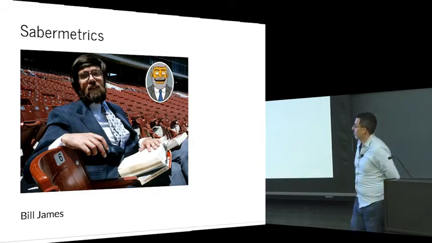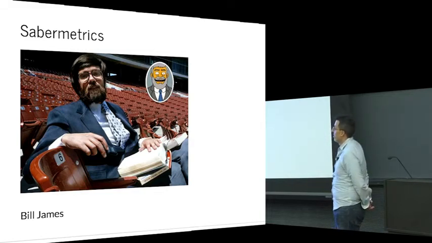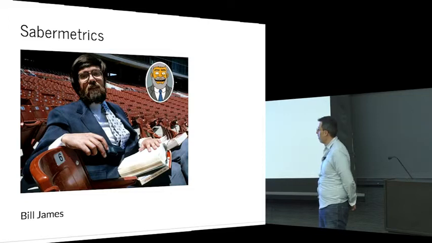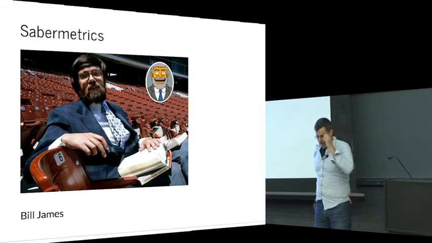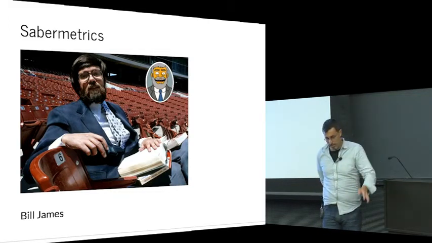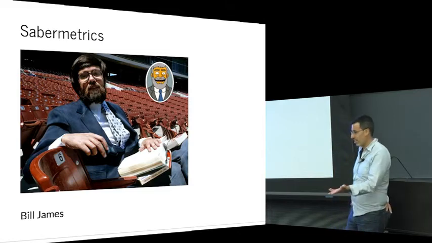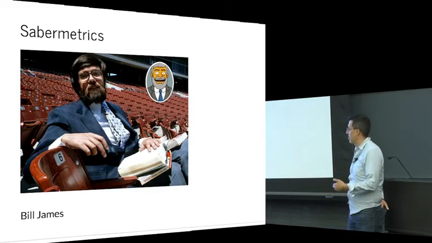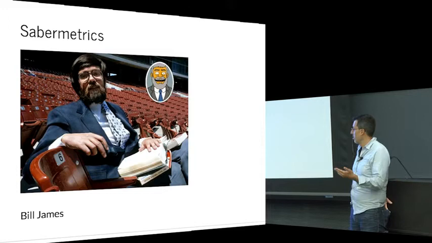I just have to show Bill James, who realized a long time ago, this guy was working in some odd job. He was a security guard in some company, and he spent his time looking through baseball statistics and thinking about baseball statistics.